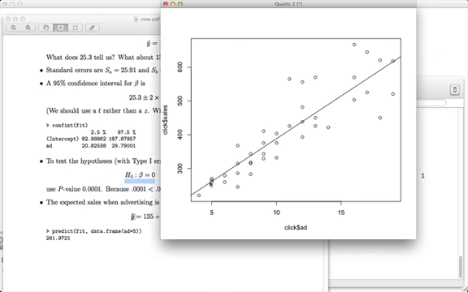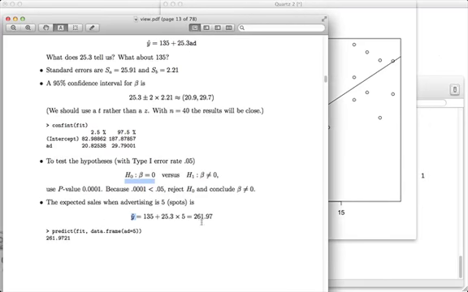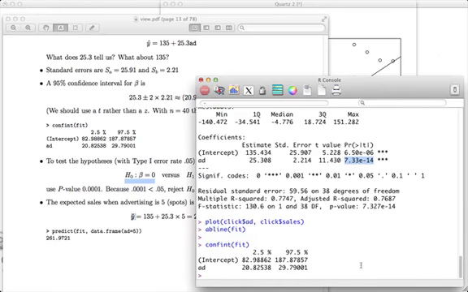Now notice there's variation around that line. We know that the standard deviation of that distribution is the standard error of the estimate, or 60. But I expect sales of 261 or 262, I guess, if you round correctly. You can get R to do this computation for you.